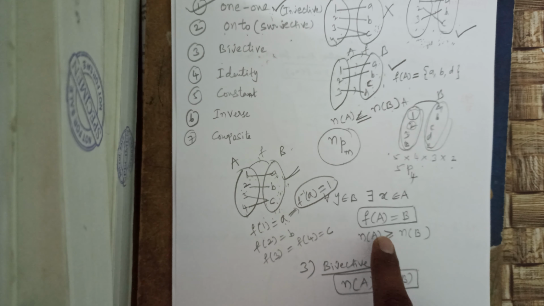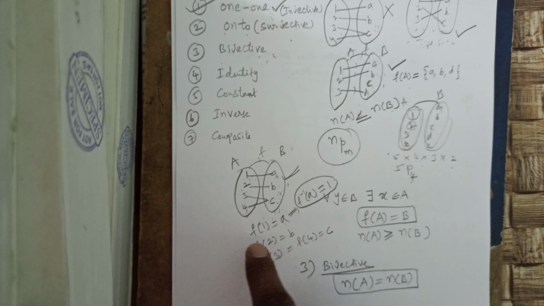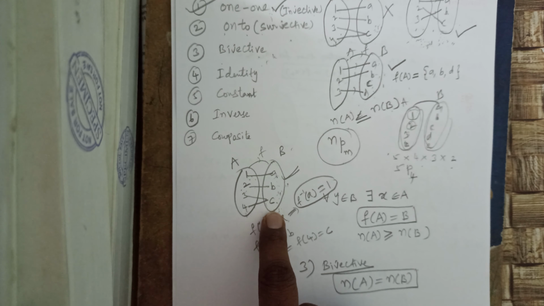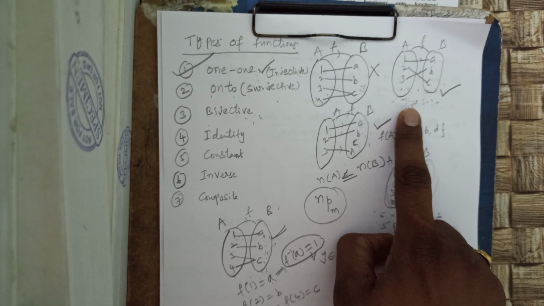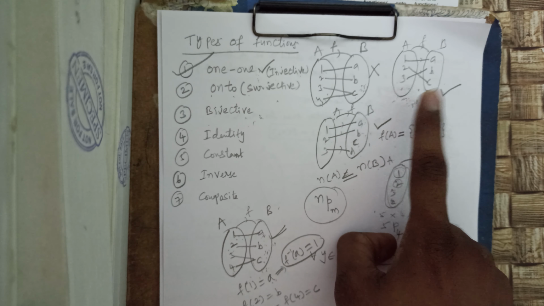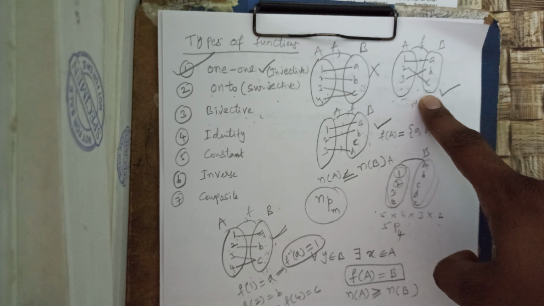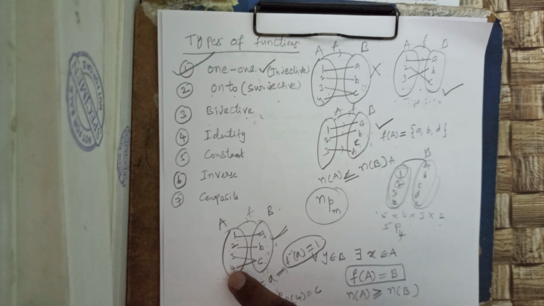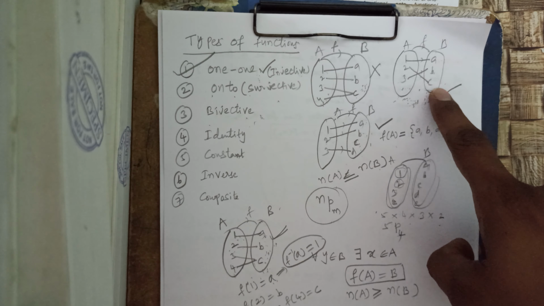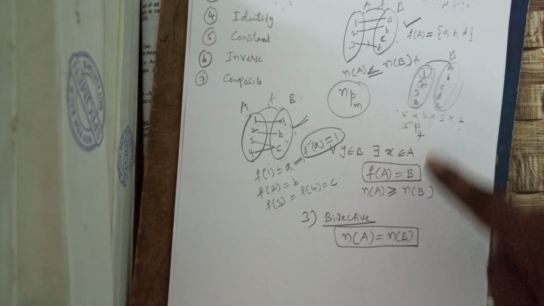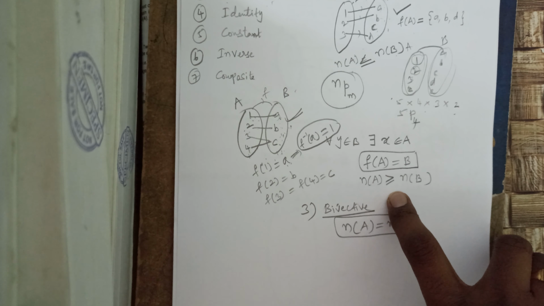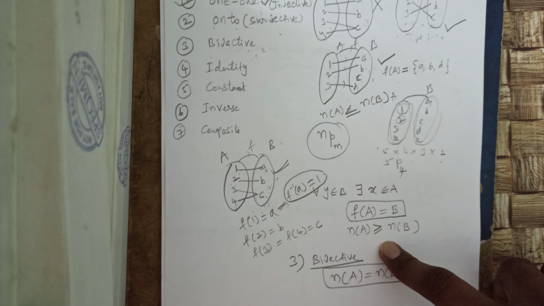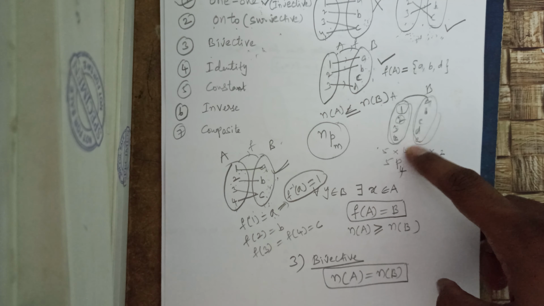Generally, whenever n of A is greater than n of B, that can be onto. Whenever n of A and n of B are the same, in that case also we can make it onto. Here also every element of the codomain has a pre-image in A. So n of A is greater than or equal to n of B. Now tell me, when can you say a function is one-one and onto, that is bijective?